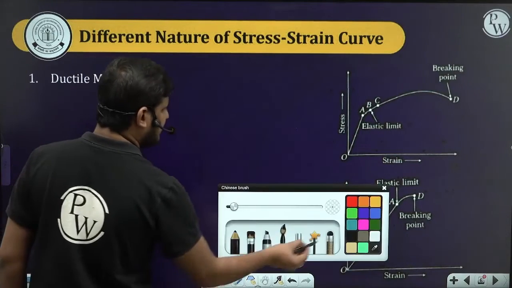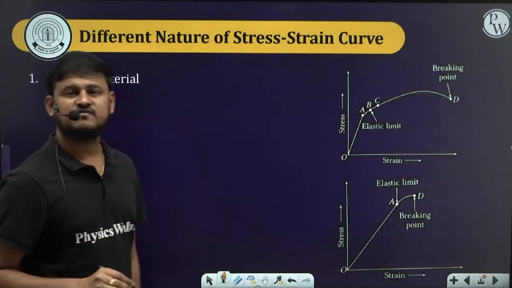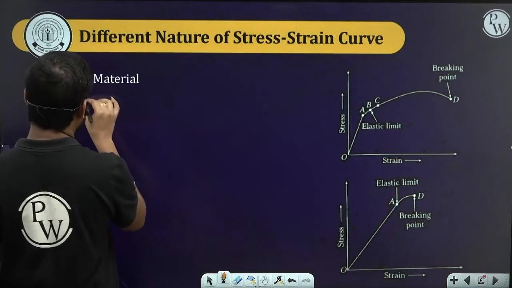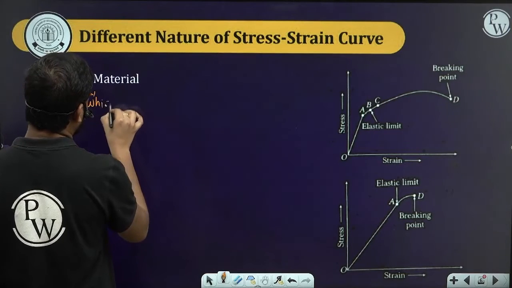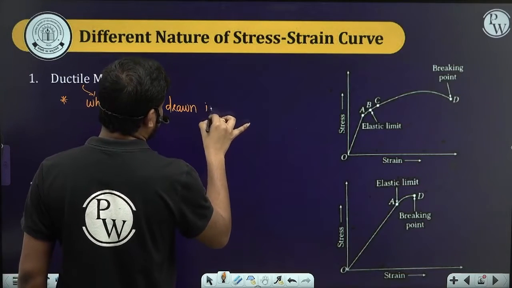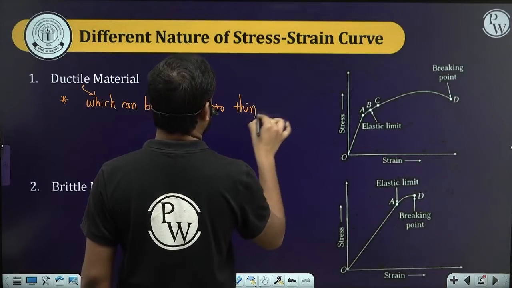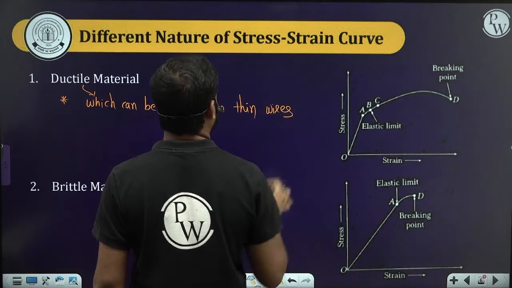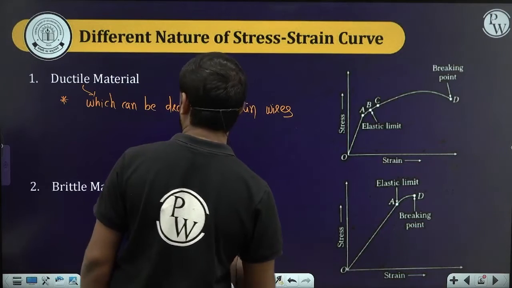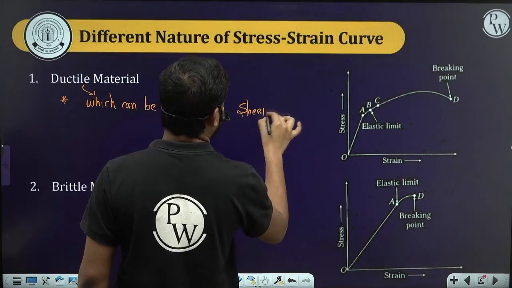For the ductile material, as we discussed earlier, ductile materials are the ones which can be drawn into thin wires, right? Sorry, into sheets, my bad. Which can be drawn into sheets.